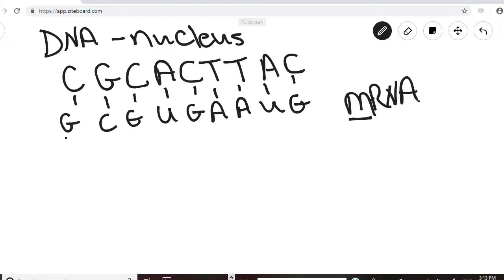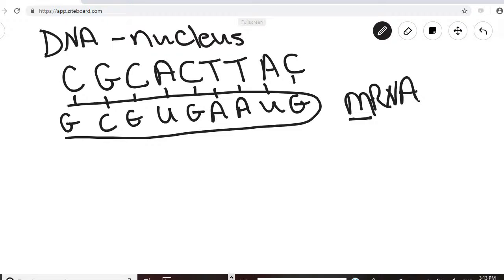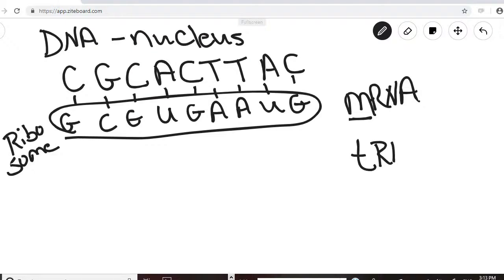Okay, so this strand of RNA will now leave the nucleus and go to the ribosome. Then when it gets to the ribosome, it will combine with transfer RNA by connecting the appropriate bases. So the messenger RNA combines with the bases on transfer RNA.